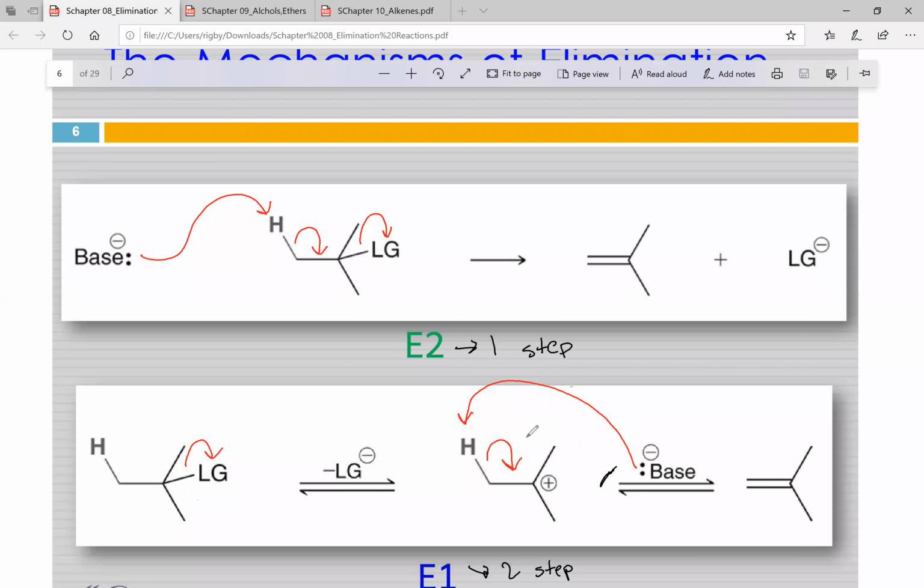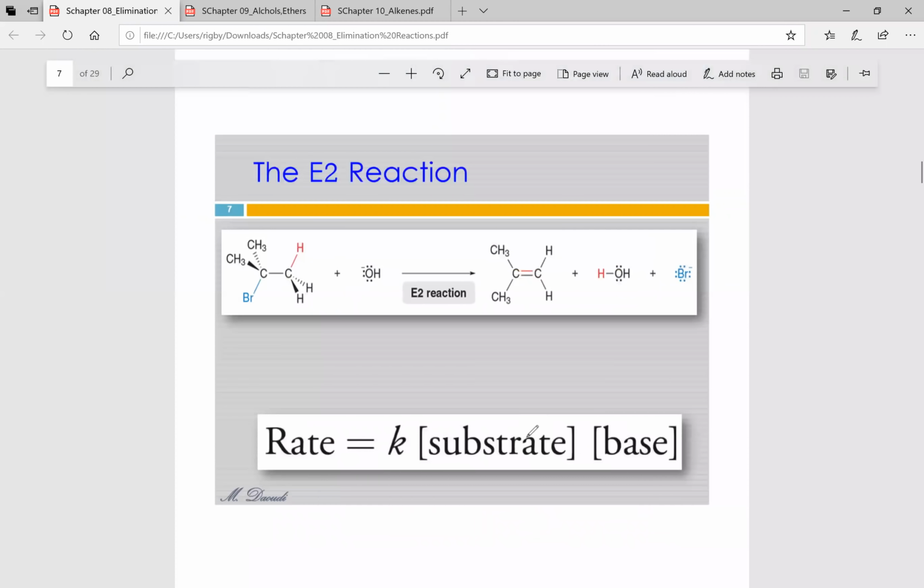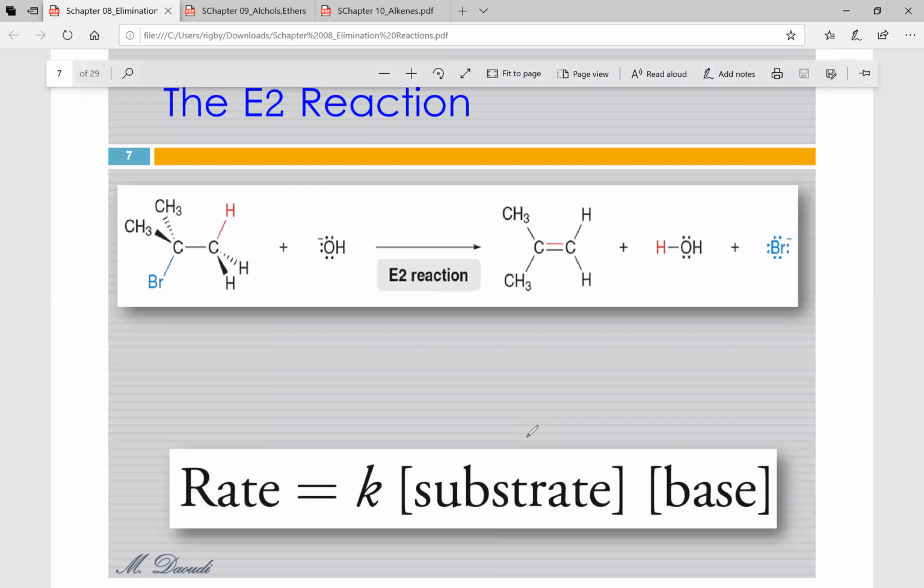Let's scroll down a little bit. When we're talking about E2, similar to SN2, it's all one step. So our reactants, the substrate, which is the alkyl halide in this case, and the base, are going to factor into our rate equation and make it second order, and that's where the 2 in the E2 name comes from.